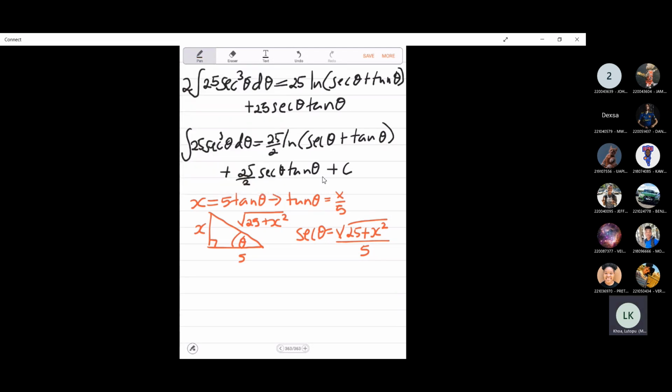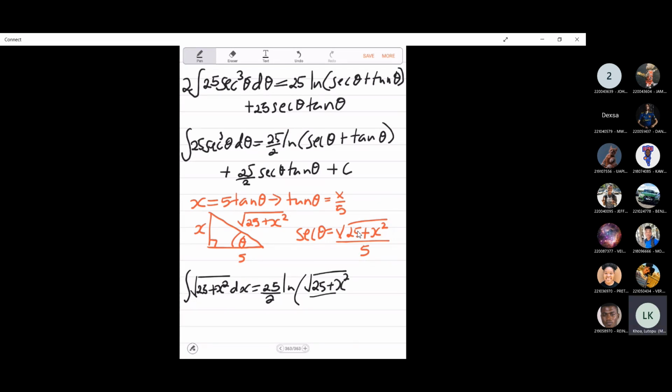So we have the integral of the square root of 25 plus x squared, that is this one over here, dx. This is 25 over 2, and then we have ln of sec theta, this one, square root of 25 plus x squared over 5, and tan theta is x over 5.